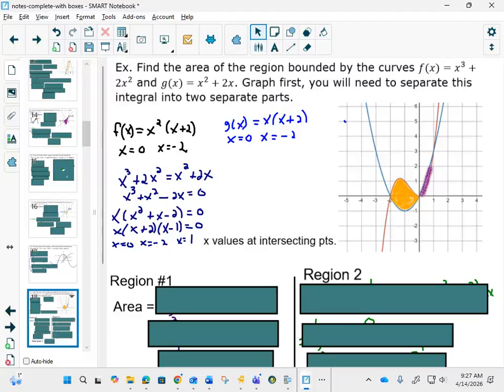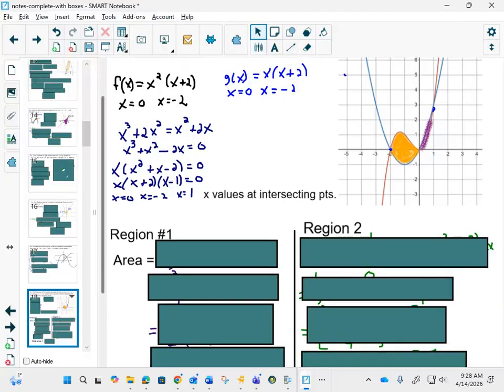Because if you just went from -2 to 1, if we went from this point to this point and did one function minus the other, one area will be positive and the other area will be negative. And when you add them together, you don't get the total area. You'll get an answer that's actually smaller than the orange area.